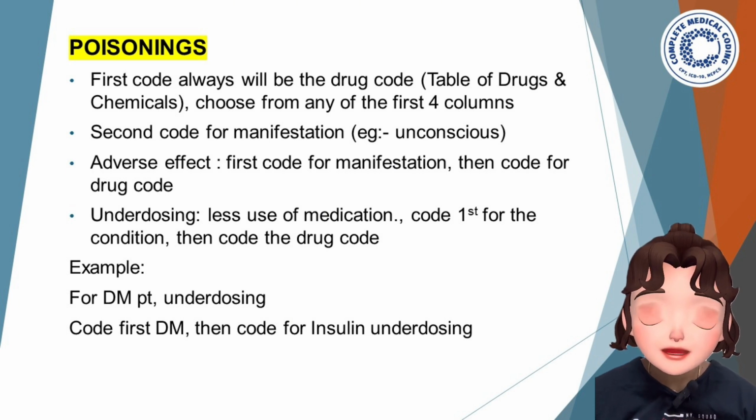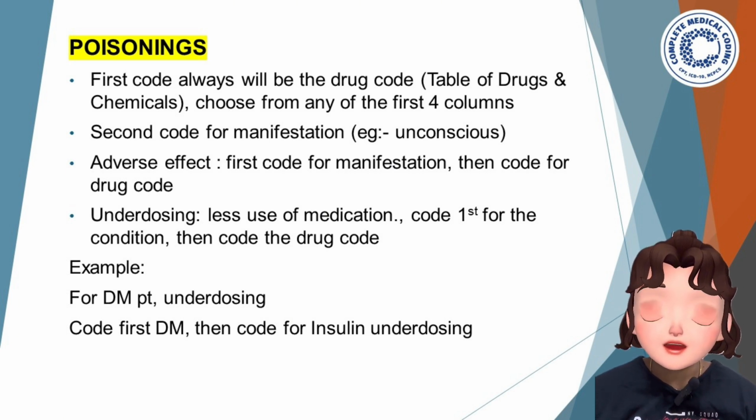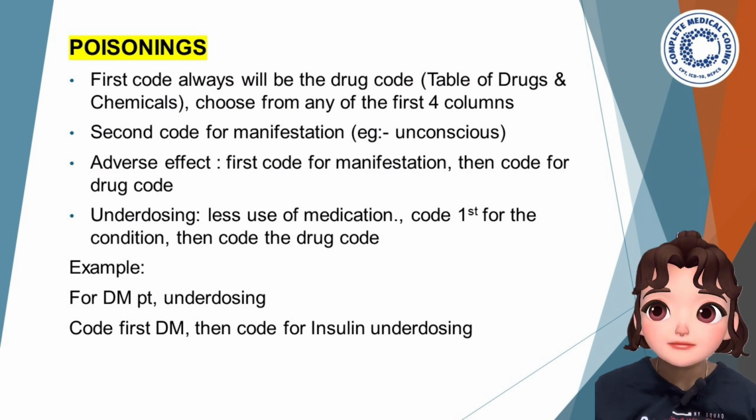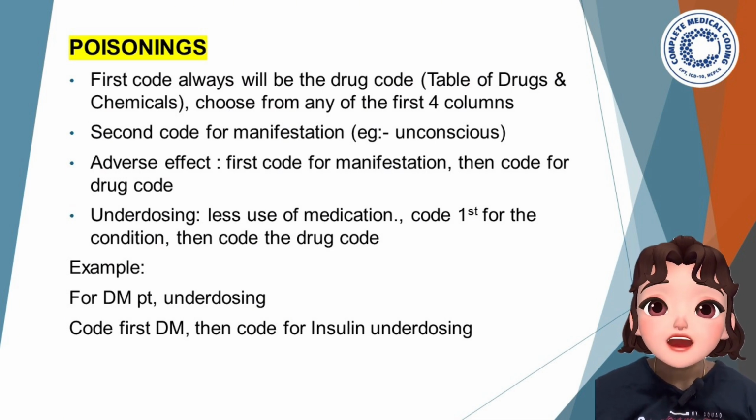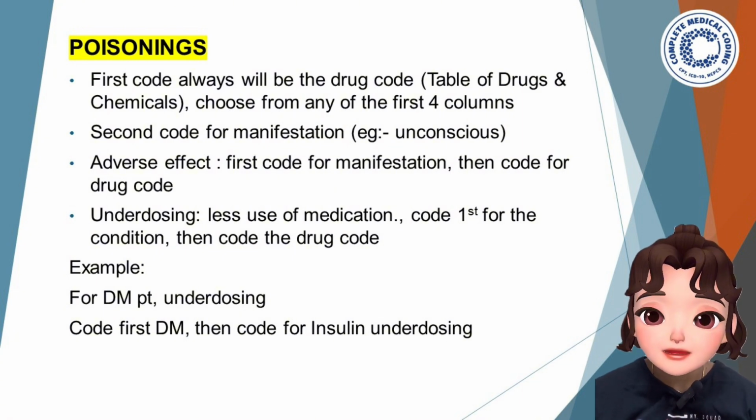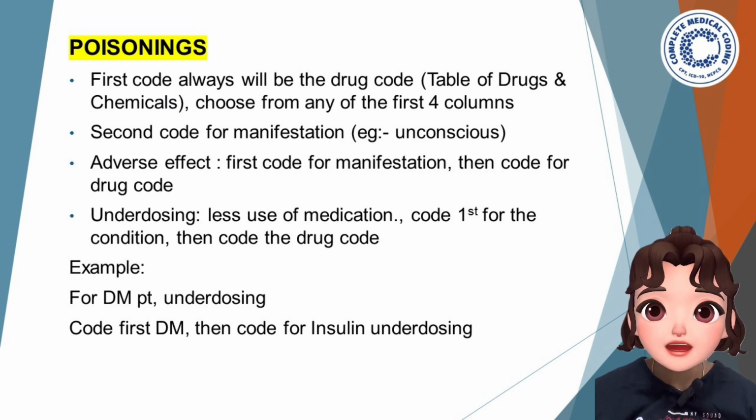For example, for a DM patient with underdosing of insulin, how will you code? First always code the DM, followed by the code for insulin underdosing. I had explained this in detail in the E-codes chapter. You can just go through it.